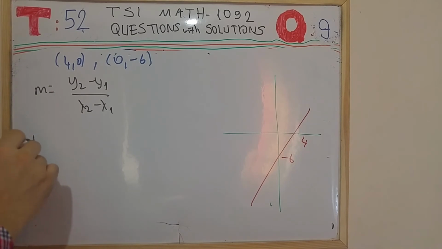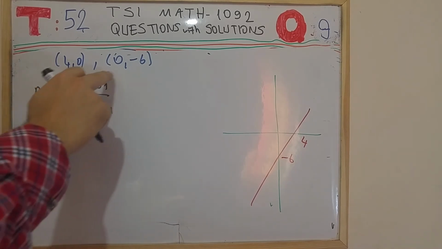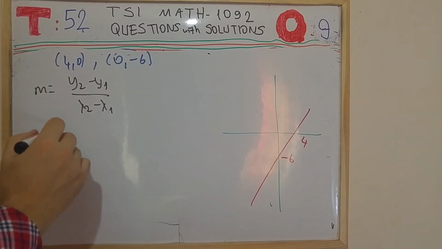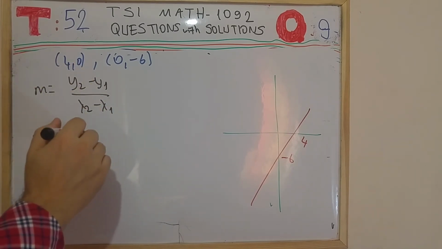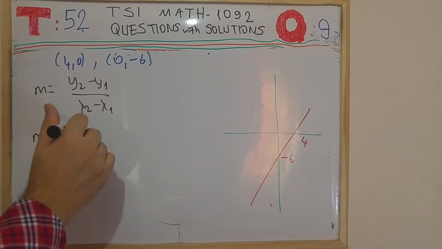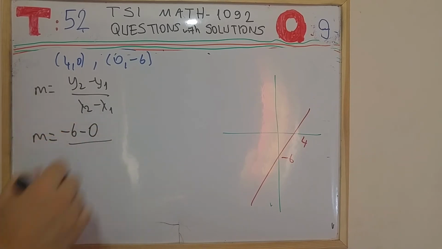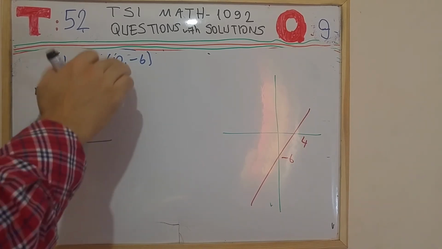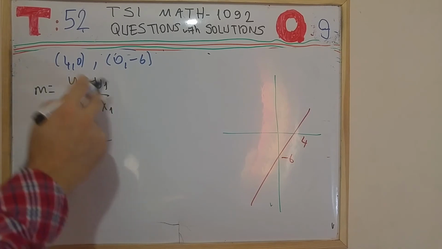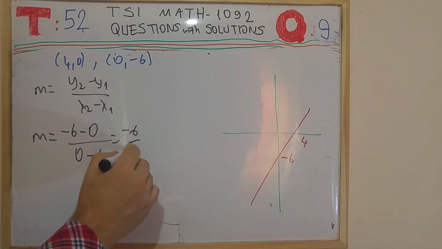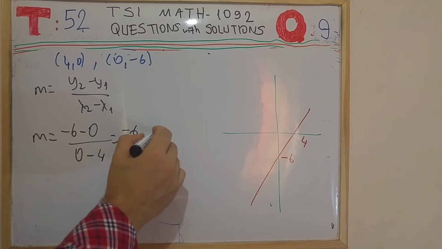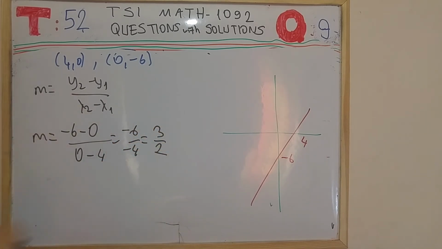So let's replace it. M is equal to y2, which is minus 6 minus 0, and x2 is 0 minus 4, which is minus 6 over minus 4, which is equal to 3 over 2.